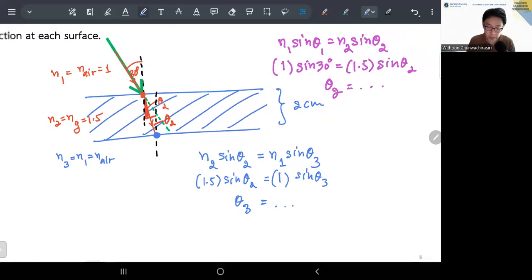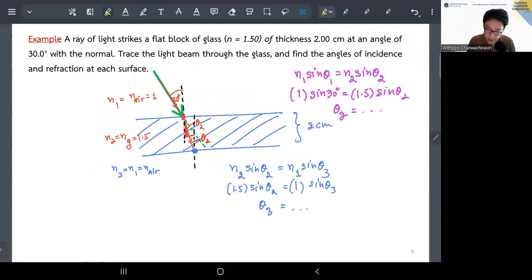But if you look carefully, n2 sine theta 2 is the same thing over here, right? I don't think you have to do anything, because n1 is right there. You come back to the original n, so you know that theta 3 must be the same as theta 1.